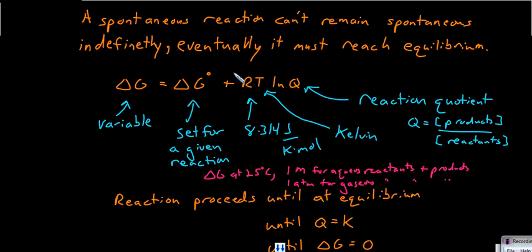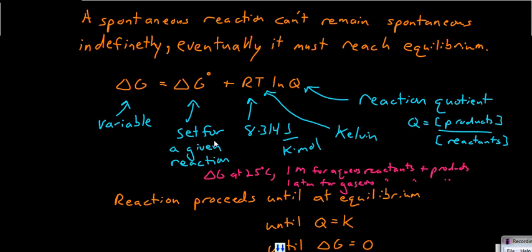You see, a value for delta G at some given conditions, which is variable, depends upon the concentrations of our reactants and products. It's affected by the ratio of the concentration of products and reactants, Q. And also on the original spontaneity of the reaction at standard conditions.